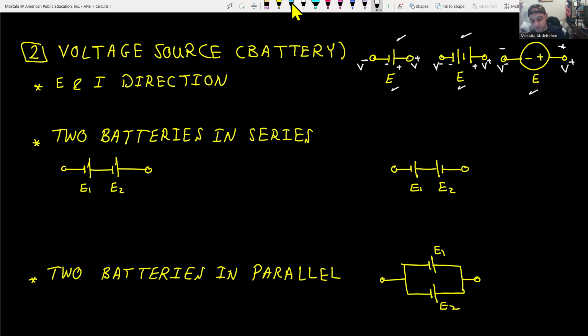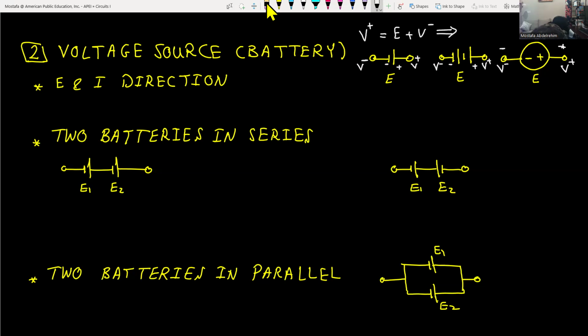Okay. Now, we said that the main objective of a battery is that it gives you voltage difference. It raises V positive by E over V negative. So basically, V positive is equal to E, the extra voltage it gives, plus V negative.